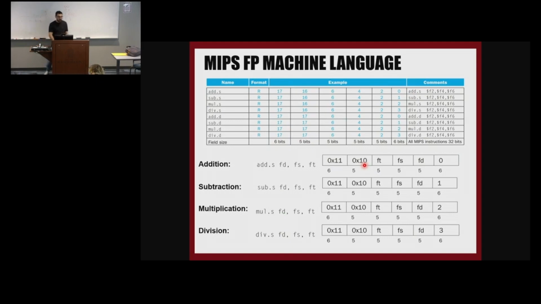So we have the opcode of 0x11 floating point, but then we have, for example, 0 for addition, 1 for subtraction, 2 for multiplication, 3 for division. And the interesting thing here is that they also have their own numbers for the registers. So you can get more information about encoding here. I'm not going to ask a question about encoding floating point instructions. This is for your information.